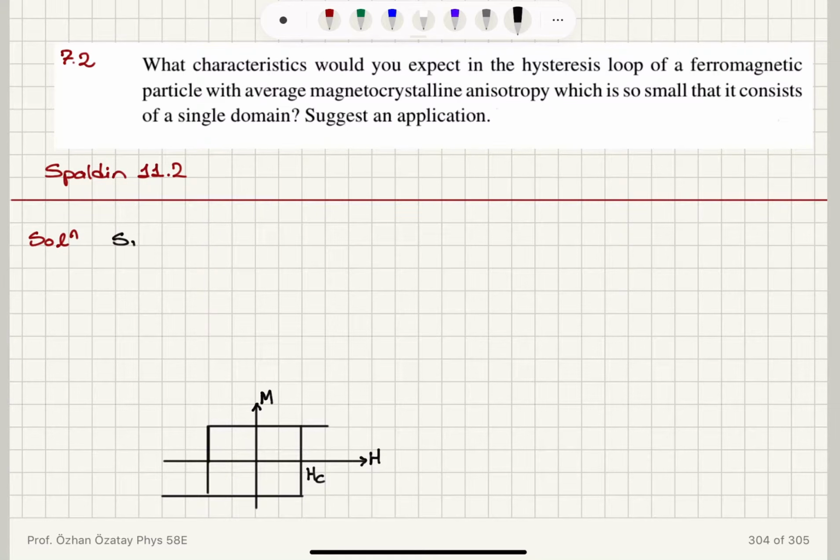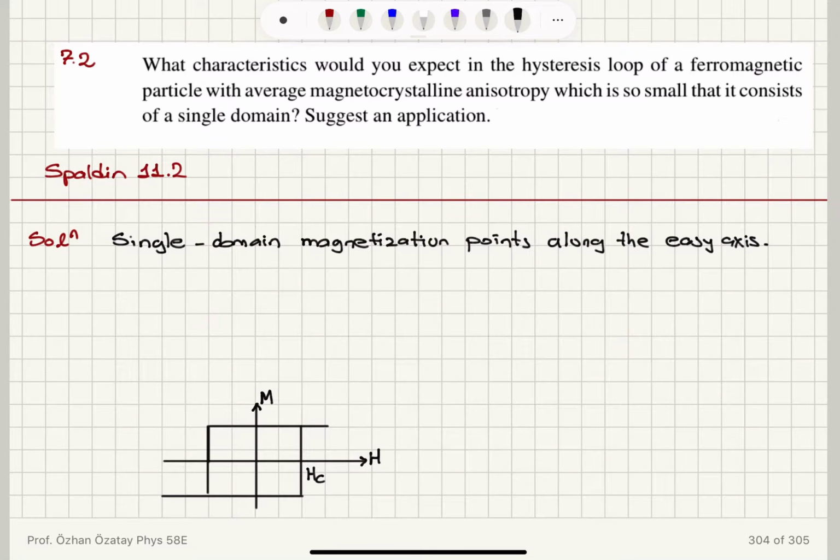The magnetization in the single domain has to point along the easy axis. So single domain magnetization points along the easy axis, as we have seen in the previous problem.